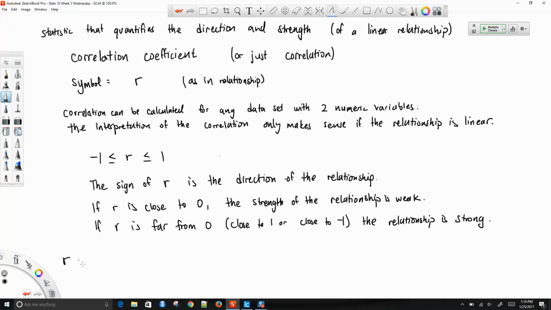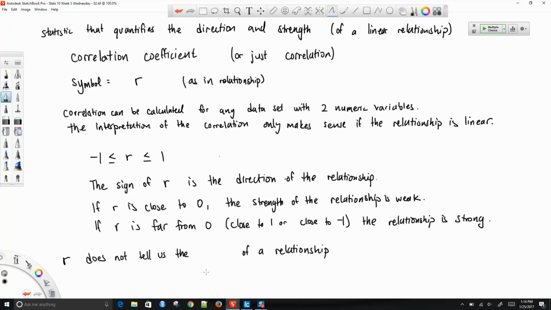It is important to note that R does not tell us the shape of a relationship.